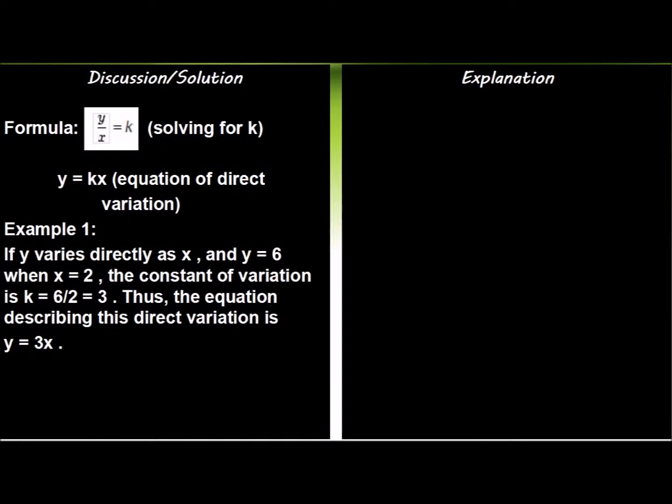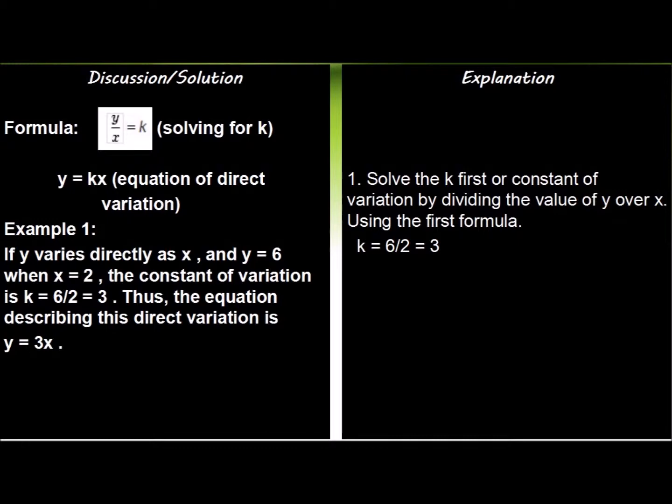We have this example problem number 1. If y varies directly as x, and y is equal to 6 when x is equal to 2, the constant of variation is k is equal to 6 over 2, or equal to 3. Thus, the equation describing this direct variation is y is equal to 3x. The explanation is this.